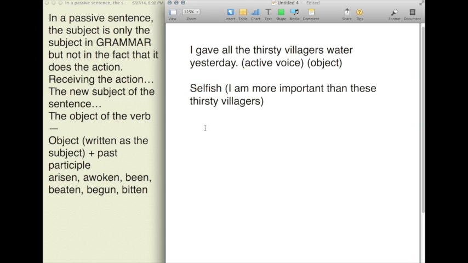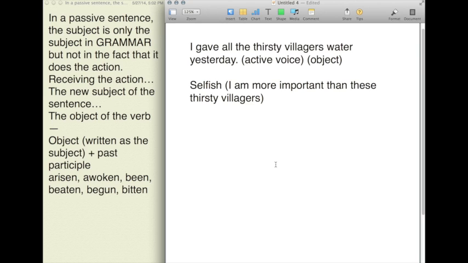So instead, in this kind of situation, maybe we can use the passive voice. So how can we do that? All the thirsty villagers. So now we have this object, all the thirsty villagers, still the object, but we now write it as the grammar subject of the sentence. Now we need the past participle, were given water yesterday by me.